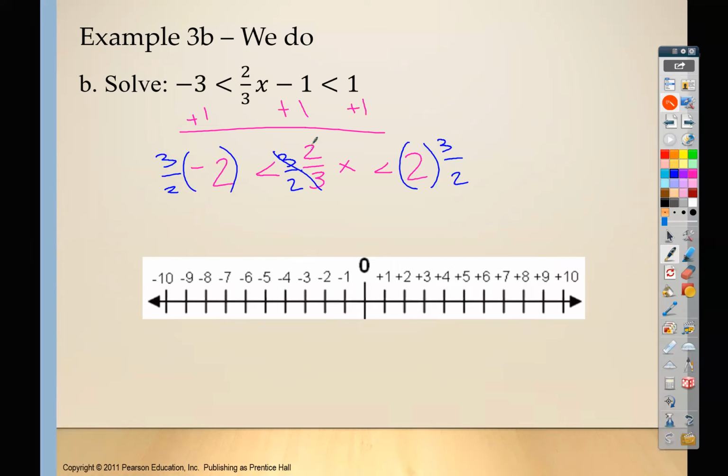So when I do that, this cancels, and I would get negative 6/2, so negative 3 is less than x is less than 3. So if I draw that, it's going to be open circles, and x is in between.